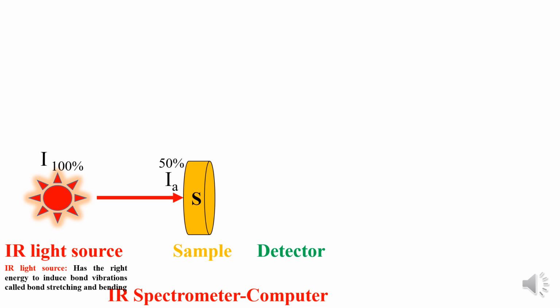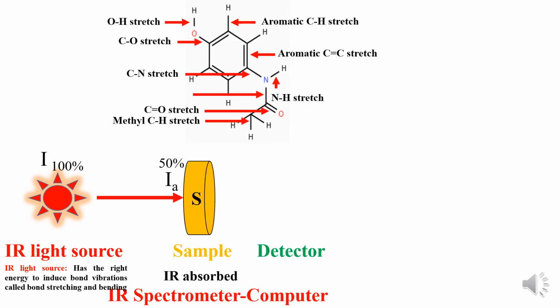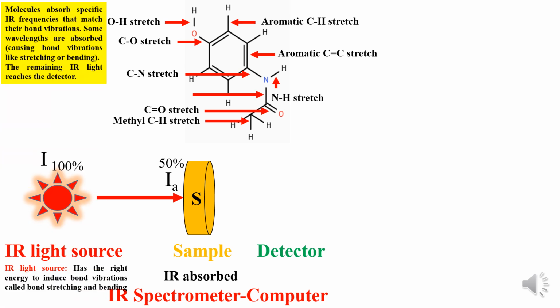And what happens to this absorbed radiation, and how does the sample utilize it? Now the IR radiation is absorbed by the sample, and it is actively involved in bringing about bond vibrations like bond stretching and bond bending. So the energy of the IR radiation is utilized in bringing about bond vibrations.